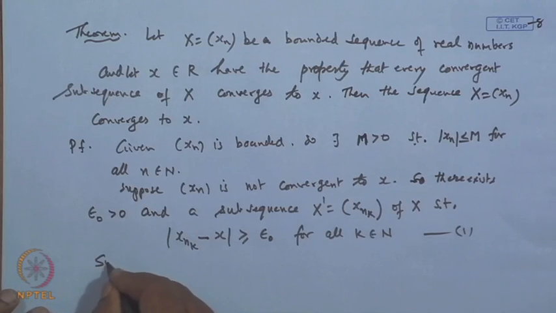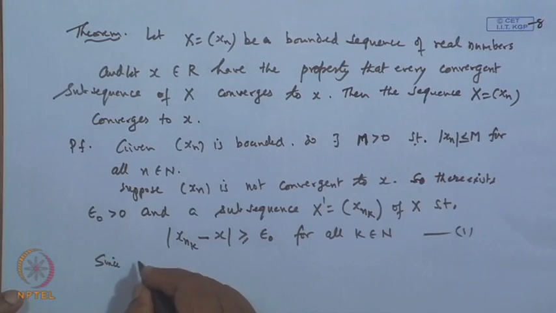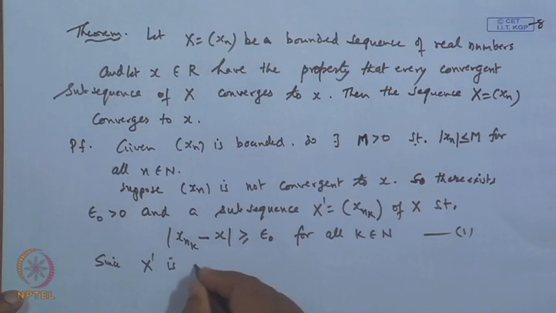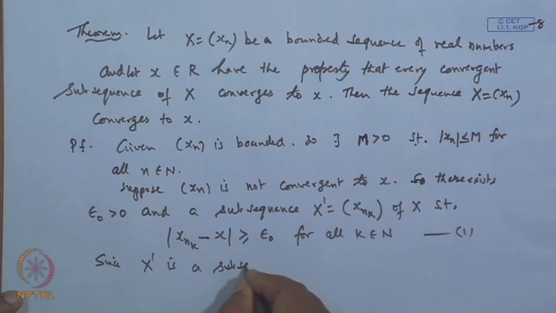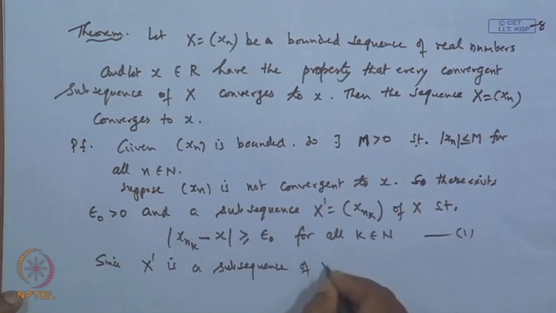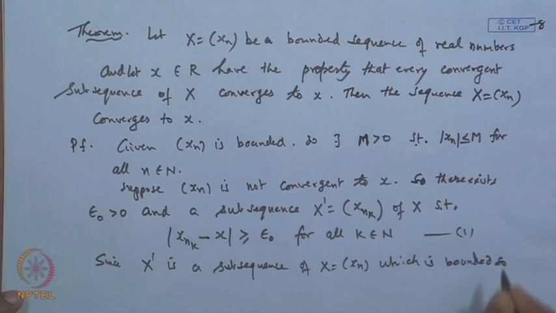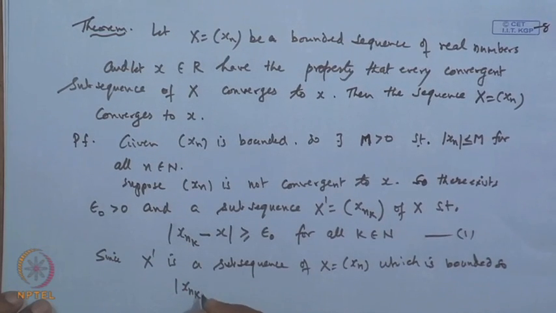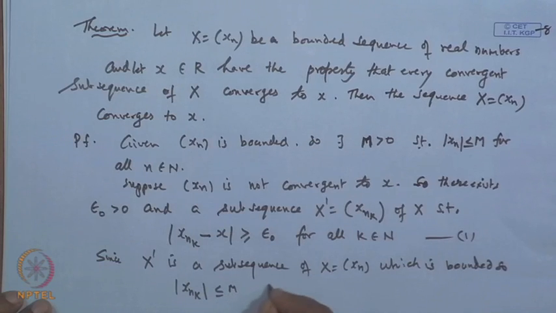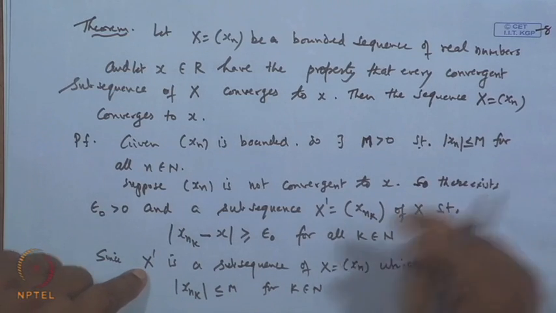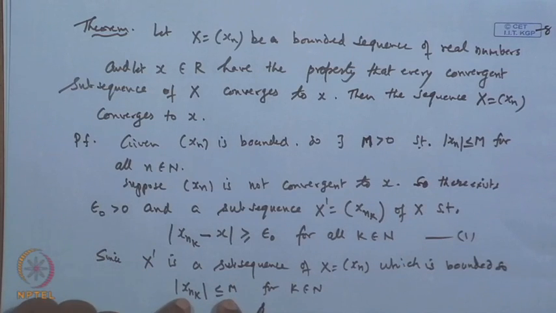Since x dash is a subsequence of x which is bounded, all the terms of the sequence x n k are also less than or equal to M for all k belongs to N. This criteria will help. Now, this subsequence x dash is itself a bounded sequence.